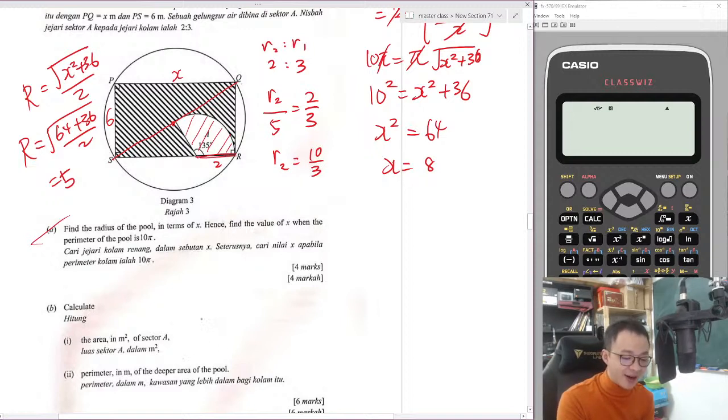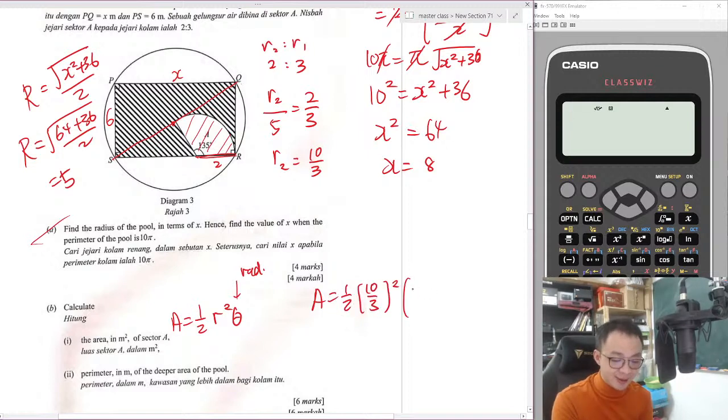Then I know my radius right now is 10 over 3, and they ask me to find the area. So area is half r squared theta, depending on whether you want to use the modern math or MF formula. If you use this one, it's a bit tricky because theta must be in radians, but this one is in degrees, so you need to change it to radians. So half r squared theta, with 135 changed to radians.